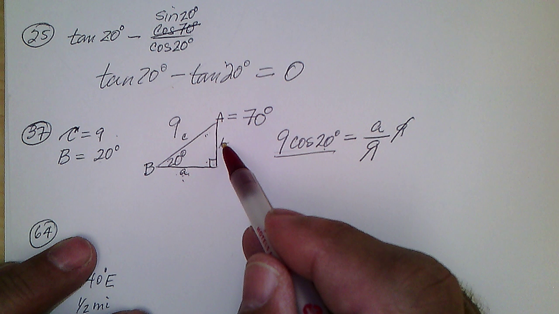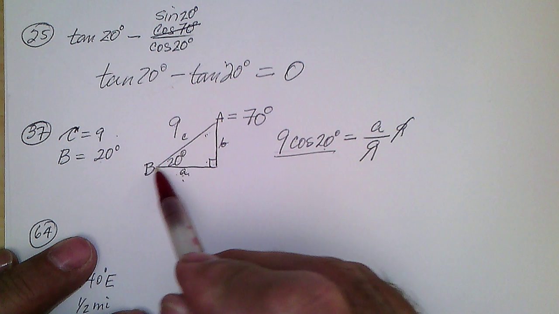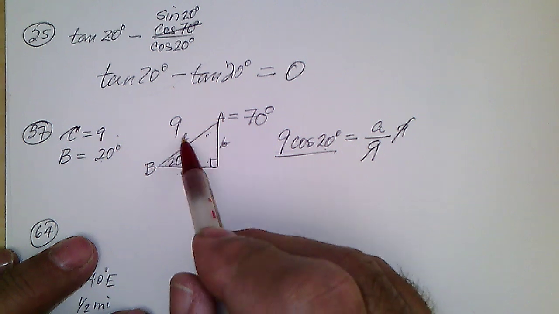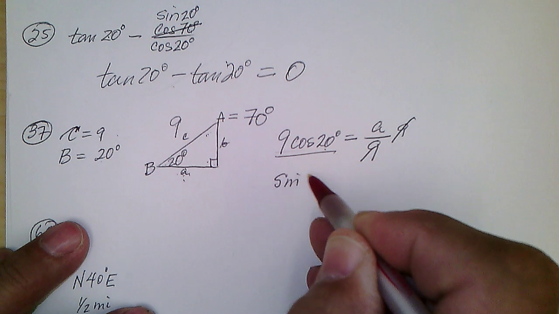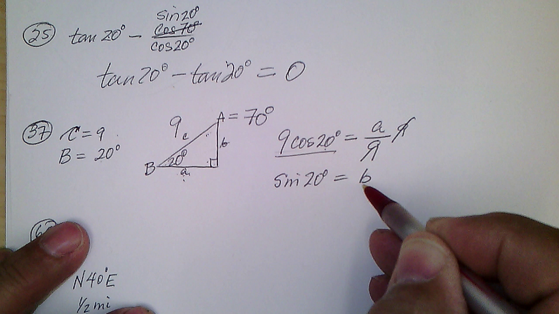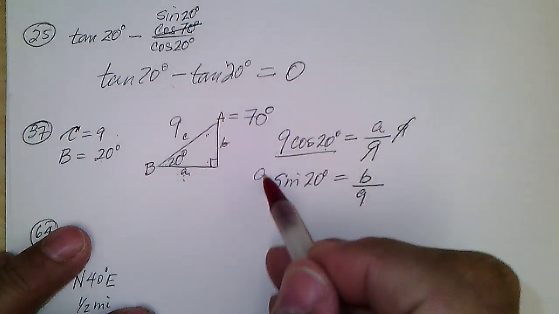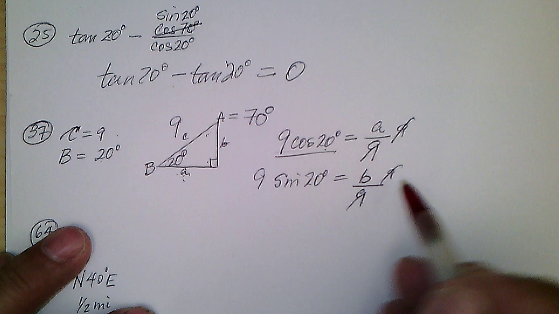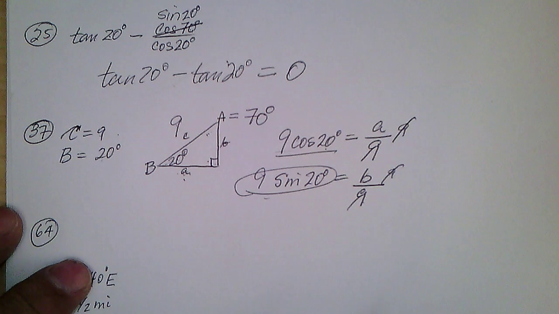And B would be opposite, from B: opposite, adjacent. So we'd say the sine of 20 is the opposite, B, over the hypotenuse 9. So multiply both sides by 9. And so B is 9 sine of 20. And again, you could type that in the calculator and get those values.